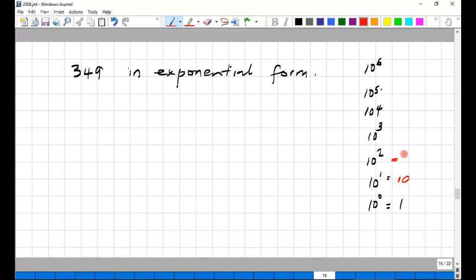Not 20. It means that we need to have 2 zeros in the number. 100, because this really means 10 multiplied by 10. Yes, sir. Okay. 10 to the third power? 1000, because it has 3 zeros. 10 to the fourth power?